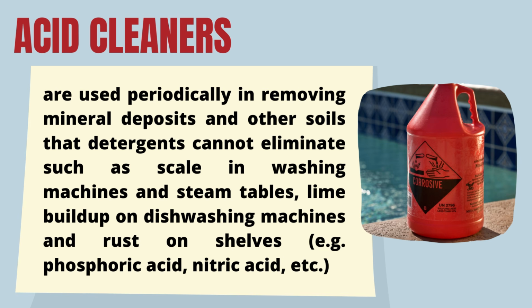Mas matapang na chemical ang acid cleaners, kaya naman ginagamit lang ito doon sa mga kinakalawang or talagang mga maduduming parte ng ating kitchen equipments or utensils na hindi na kayang tanggalin pa ng sabon at tubig or ng solvent.